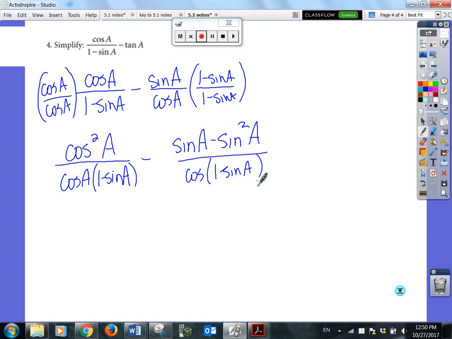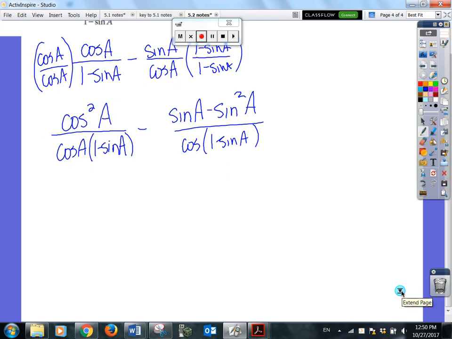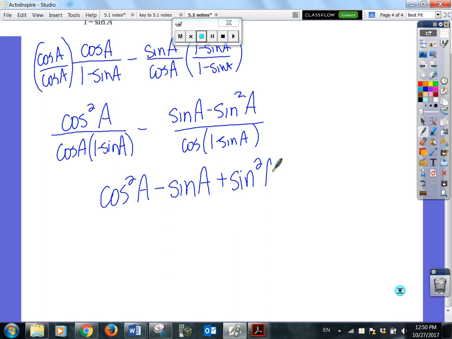So now I have a common denominator. So when I have a common denominator, I can combine my numerator. So my numerator is going to be cosine squared A minus sine A minus a negative, very important, that is plus sine squared A. That minus, when there's a minus in between, it has to distribute to both terms.